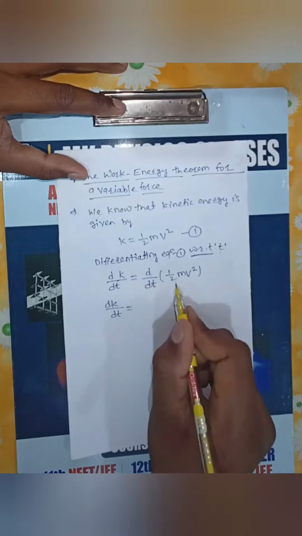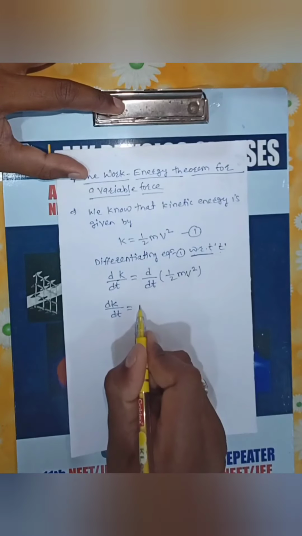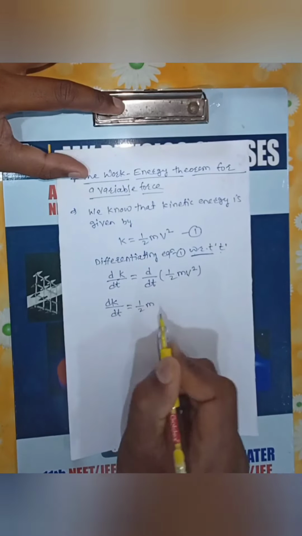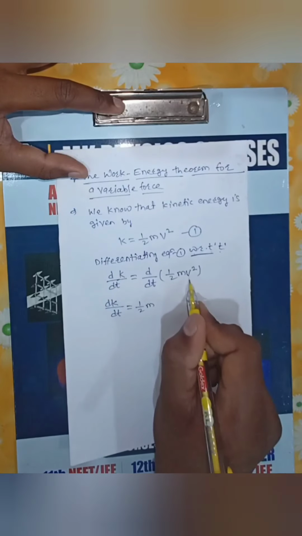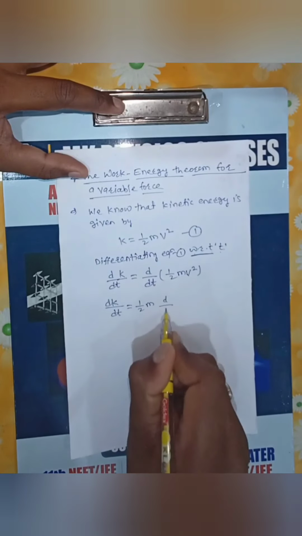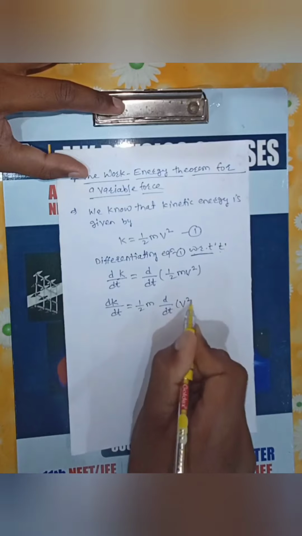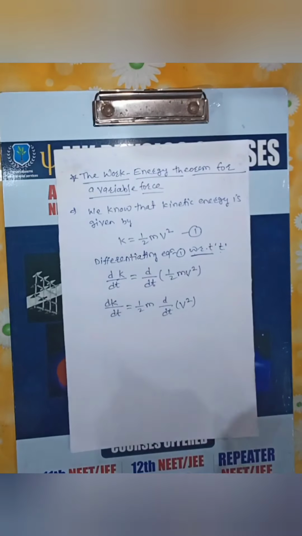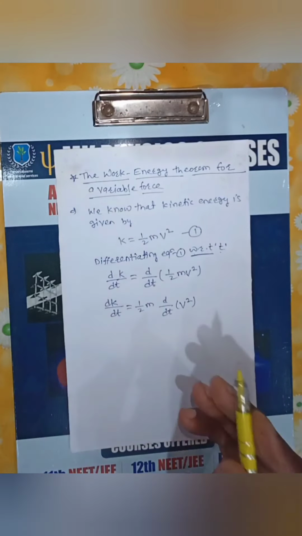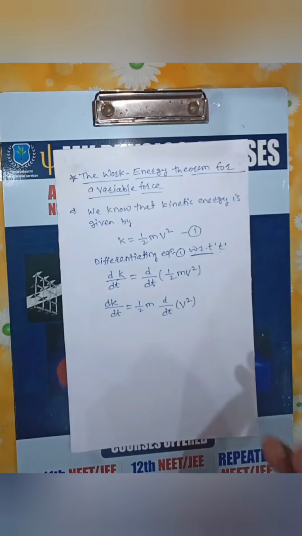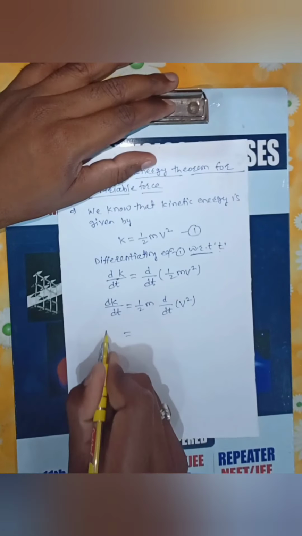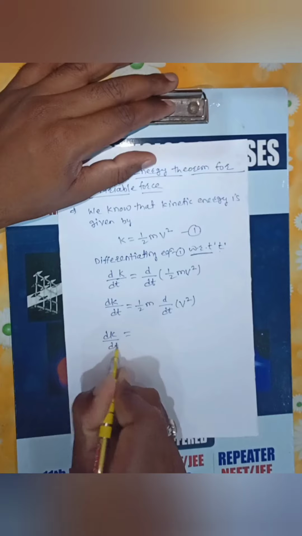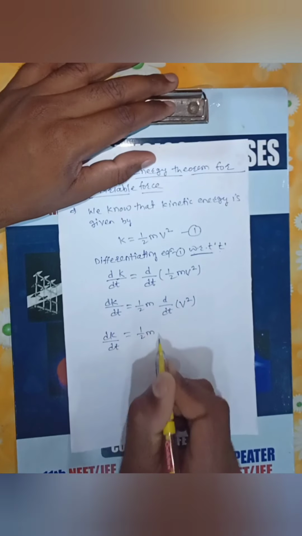On the right hand side, half m is constant, the mass of the particle is also constant, so only v square is differentiated: dK by dt is equal to half m d by dt of v square.